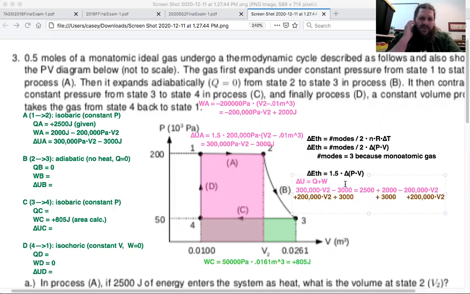300,000 V2 plus 200,000 V2 is 500,000 V2. And then we've got 2,500 plus 2,000 plus 3,000 for a total of 7,500. And then what? How do we isolate V2 here?